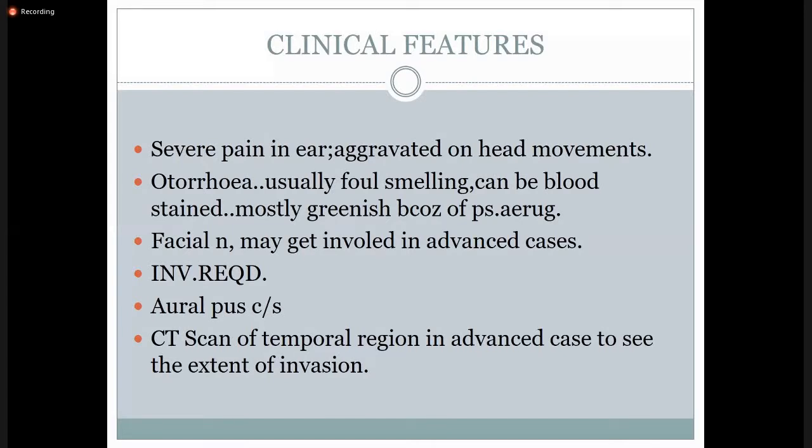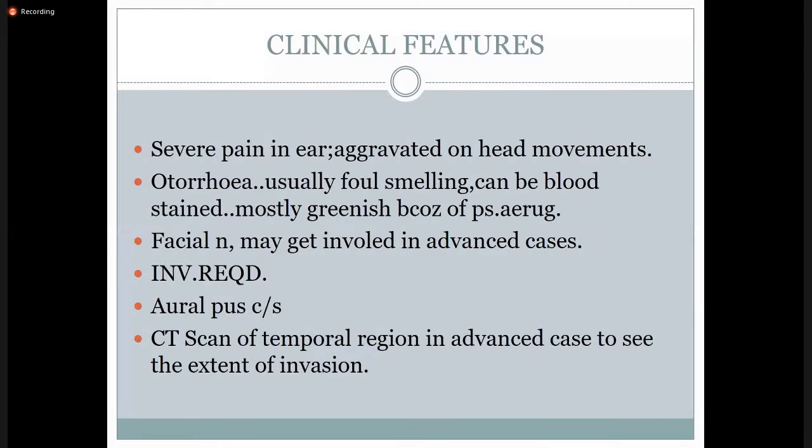It is foul smelling because this is an erosive type of otitis externa. This is a necrotizing type of otitis externa, which is eroding the bone, causing inflammation of the bone surrounding the canal, and this leads to foul smell. So the cause of foul smell is inflammation and erosion of the bones.